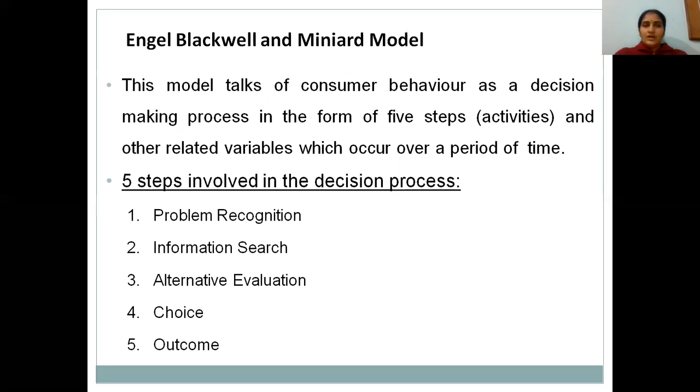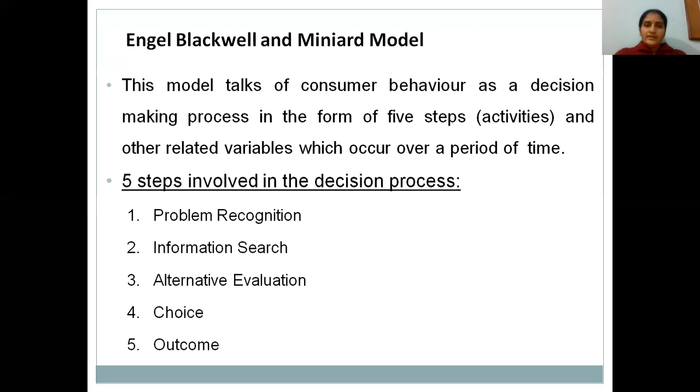Under this model, consumer behavior is studied as a decision making process, and this process is taken in 5 steps: the first step is problem recognition, then information search, next alternative evaluation, followed by choice, and finally the outcome.